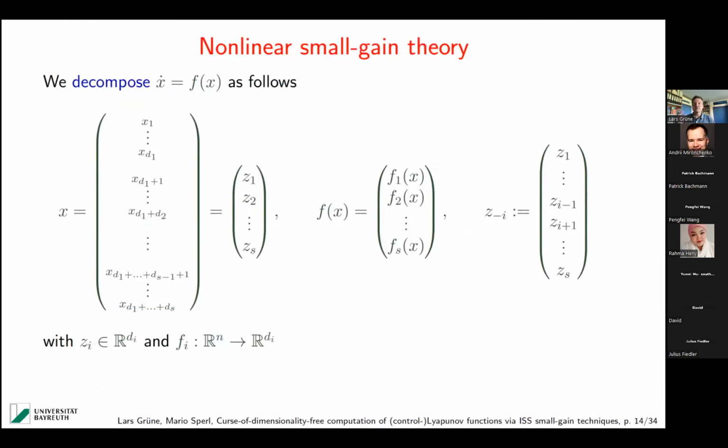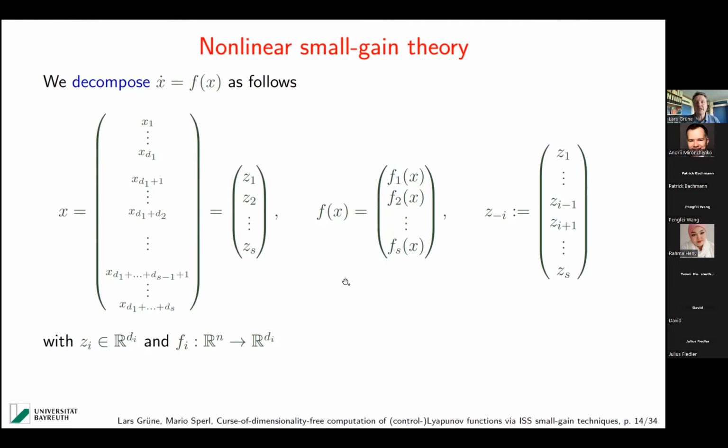Okay. Let me go to small gain theory. I'm not sure how many people here know it. It's an ISS seminar, so I assume some familiarity with ISS, but I will nevertheless explain from scratch the idea behind this small gain theory. What we do is we do not only decompose the x into the Zs, but we also decompose the f, our vector field, in the same way. So we decompose it into f1, f2, up to fs, and the dimension simply corresponds to the dimension of the subvectors that we have here, Z1, Z2, Zs.